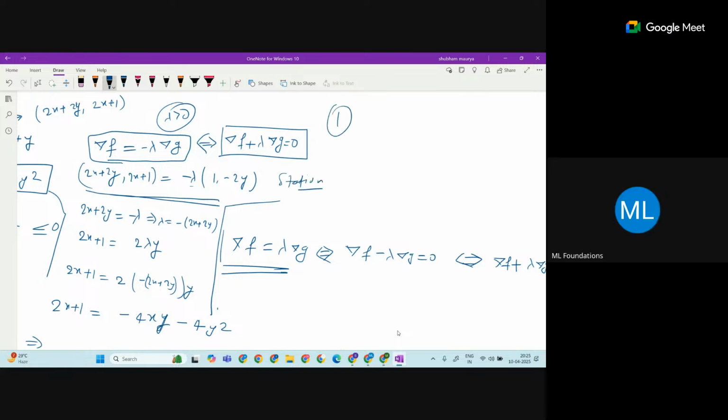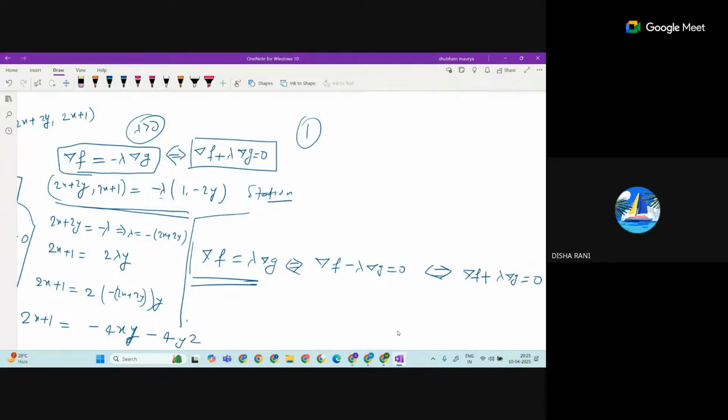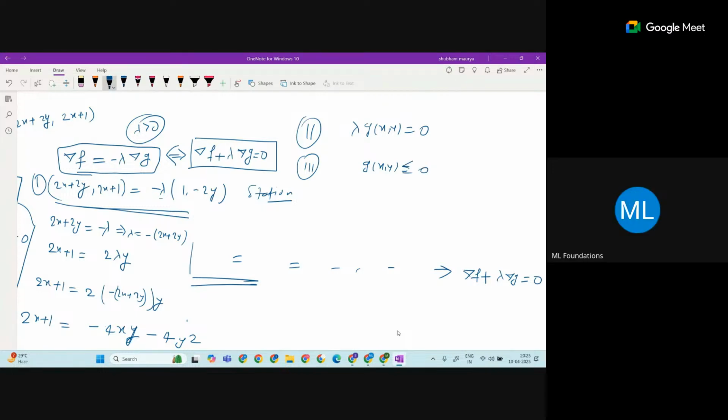What is that complementary slackness? Lambda into g of x is equal to 0. Third, the primal feasibility condition: g of x, y is less than or equal to 0.